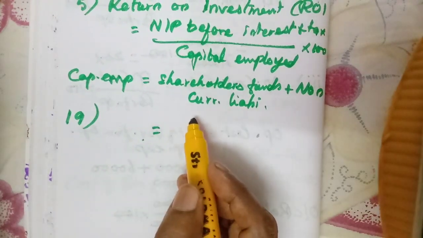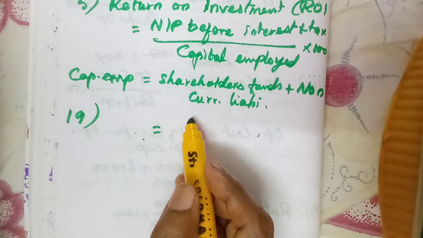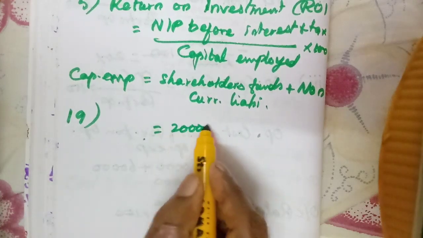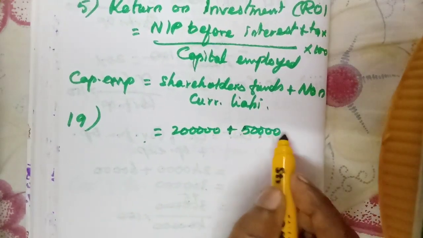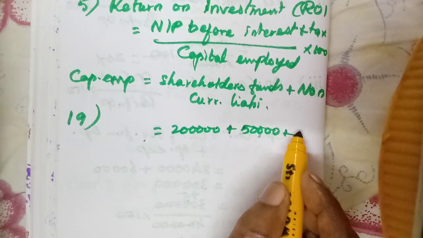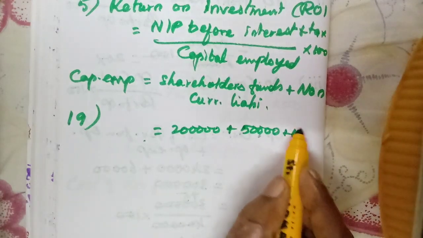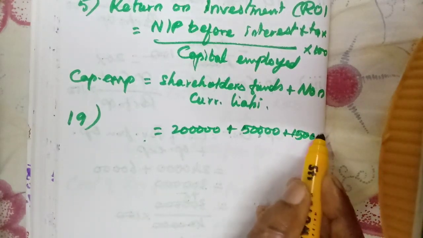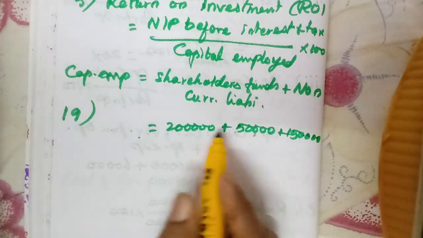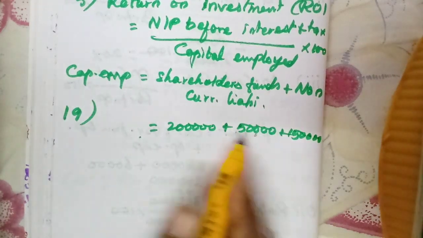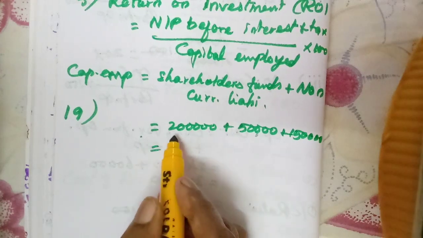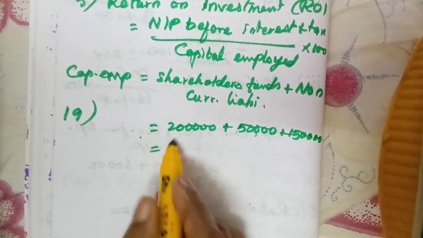Shareholders funds, they have given share capital plus reserves and surplus 50,000, plus long term borrowings 1,50,000, non current liabilities. That is long term borrowings 1,50,000. How much? 2 lakh, 2 lakh, 4 lakh.